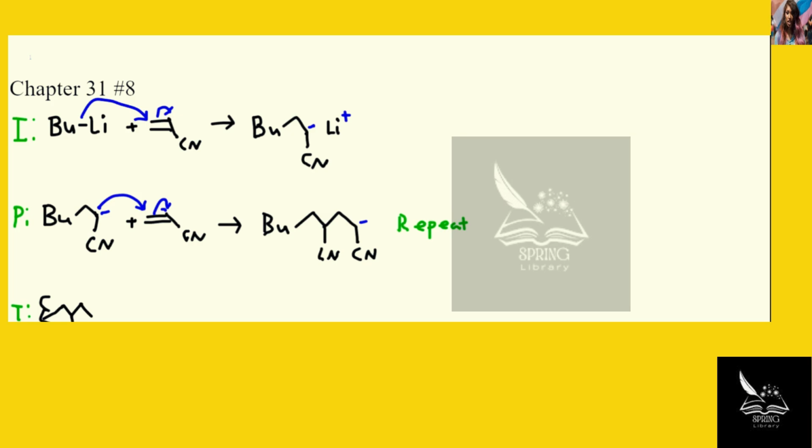So there's a nitrile. There's a second nitrile. And of course, the reactive species here, the place from where the chain is growing, is going to be an anion on that carbon to which the nitrile is attached.